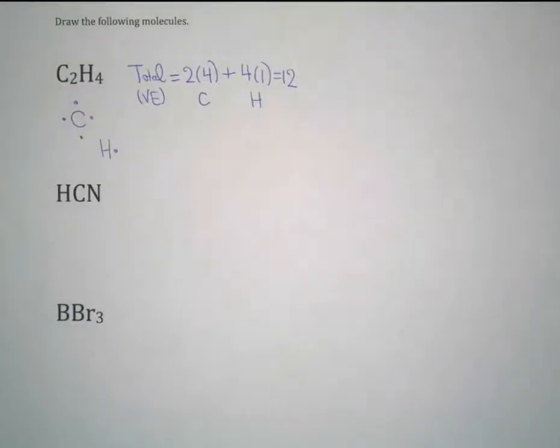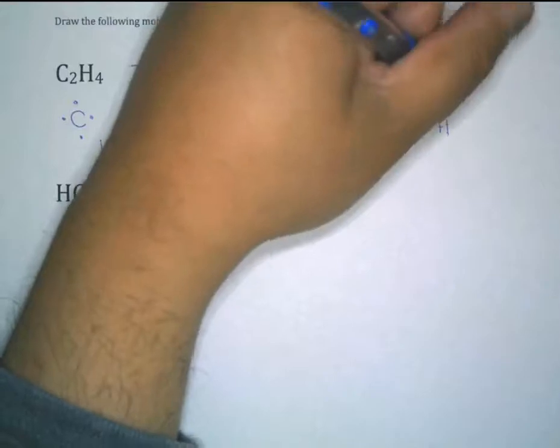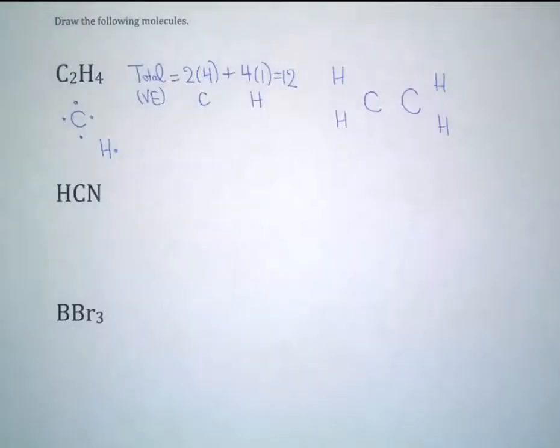Since it is a symmetrical molecule, each C has 2 H atoms, with 2 C atoms making a chemical bond between them.